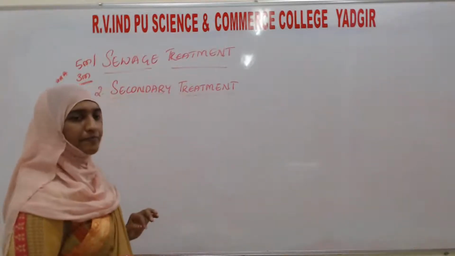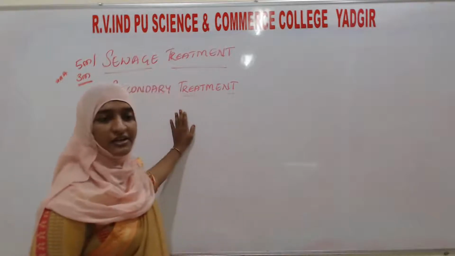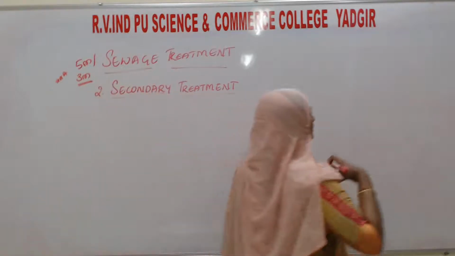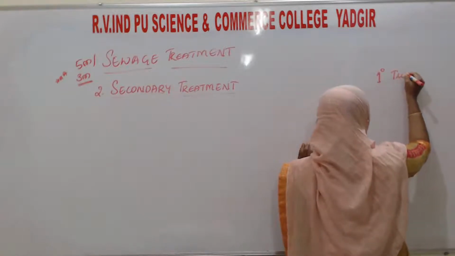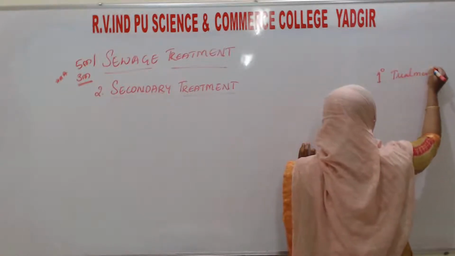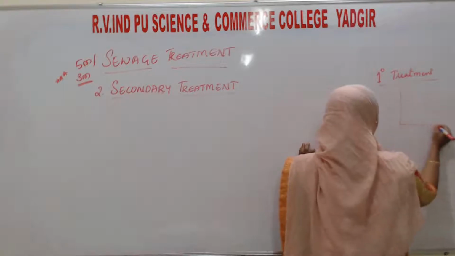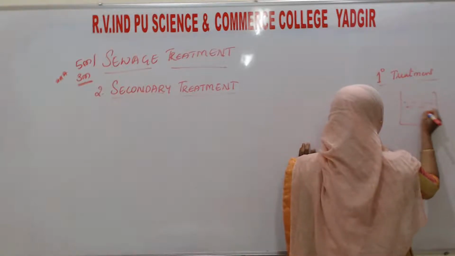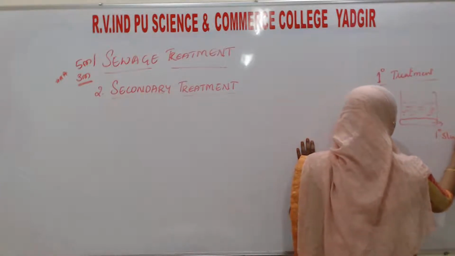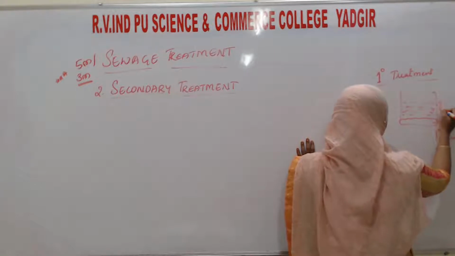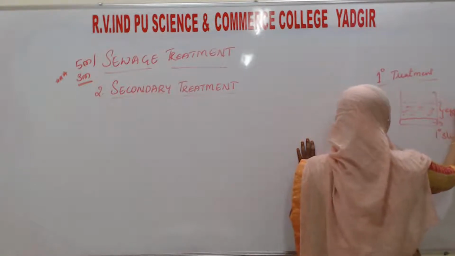Secondary treatment. Here I will draw. This is the primary treatment, which you have already seen. In this primary treatment, the remaining water and solid material, the solid is called the primary sludge, and this is the effluent.